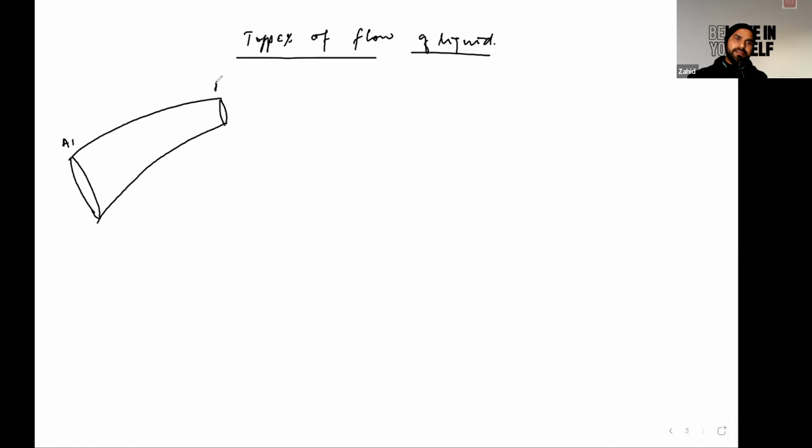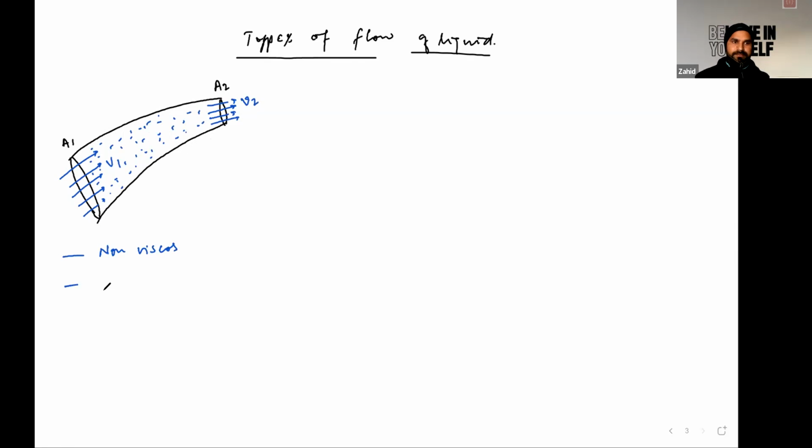Area at this point is A1, area at this point is A2. If velocity of each layer of liquid at this instant is V1, and at this instant is V2, this flow could be possible only if there is no viscosity between layers of liquid. So this flow would be possible if liquid is non-viscous, incompressible, and irrotational.